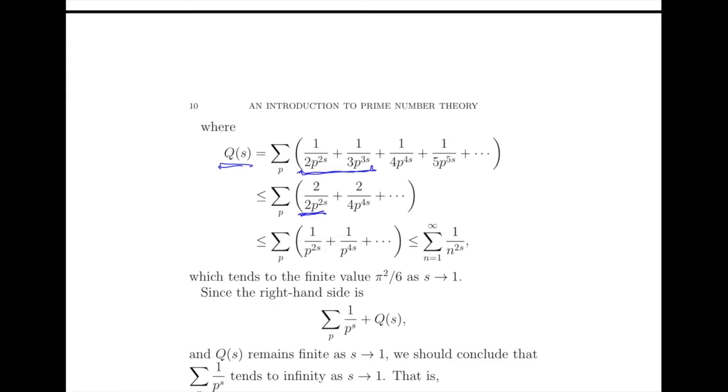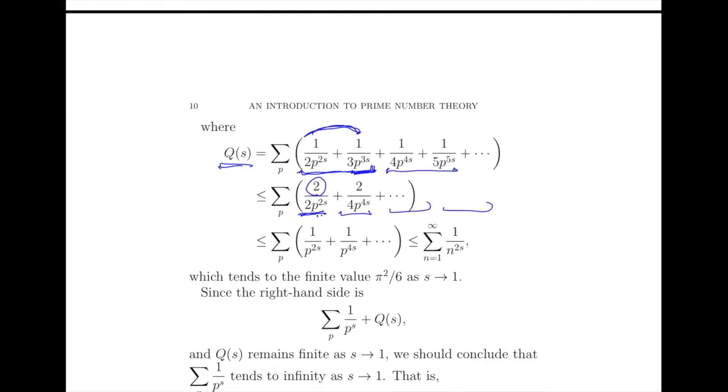That is, p to the 3s is larger than p to the 2s, so we replace the p to the 3s by p to the 2s here. And this numerator 2 comes from the fact that there are two terms. Similarly, these two terms can be estimated by this one, etc.